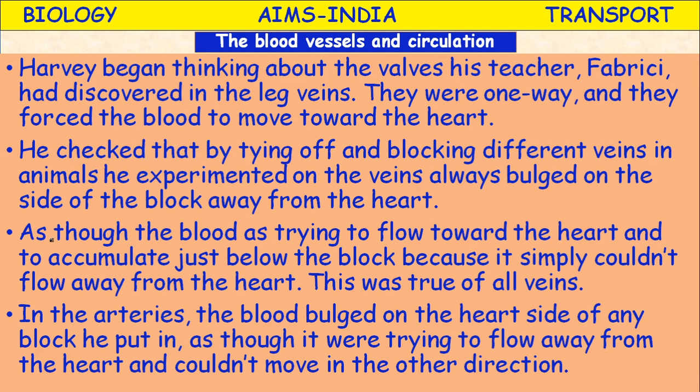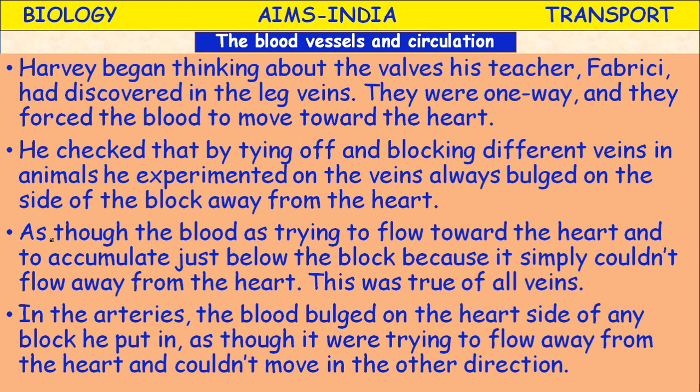Okay, so arteries are deep-seated blood vessels. Mainly, the veins are superficial blood vessels. In his experiments, the veins always bulged on the side of the block away from the heart, as though the blood is trying to flow toward the heart and accumulate just below the block, because it simply couldn't flow away from the heart.